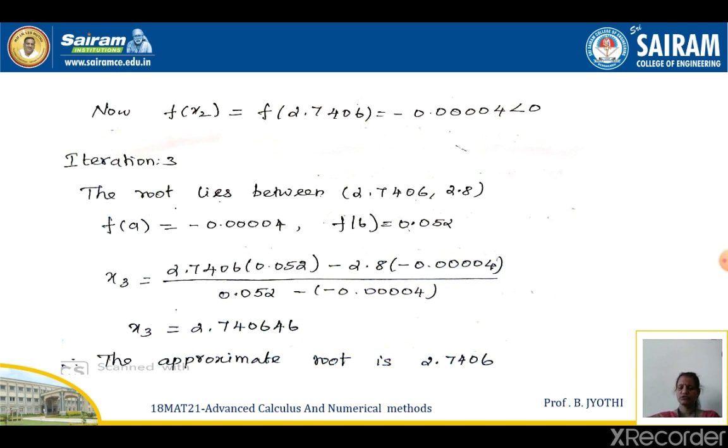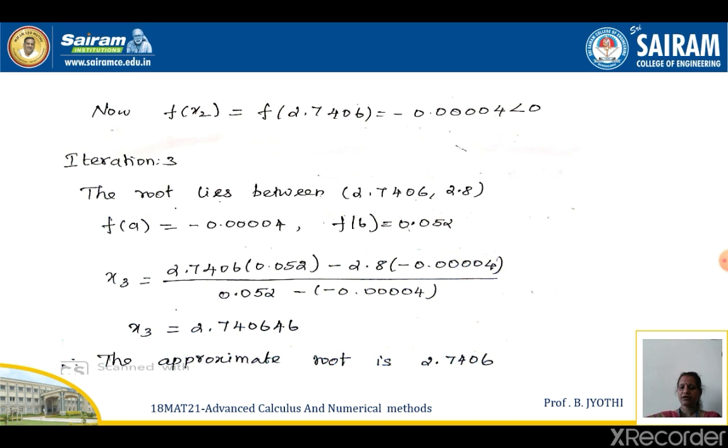So the old value of a is again replaced with the new value, that is 2.7406. Hence the root lies between 2.7406 and 2.8. So f(a) is negative and f(b) is positive.